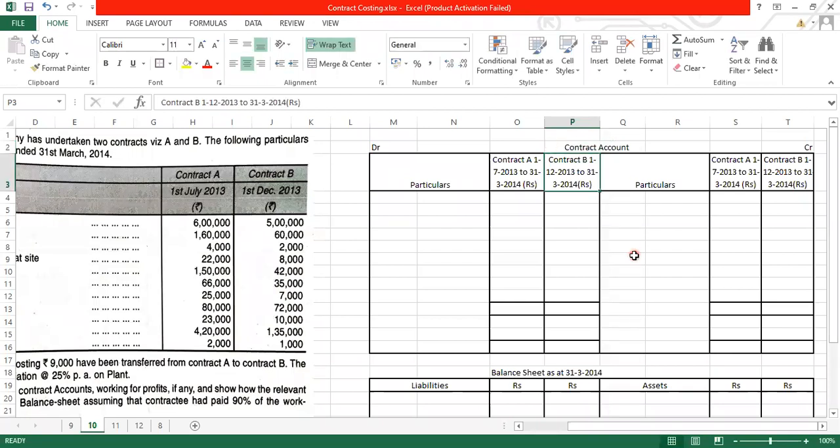Particulars. Now the first contract is from 1st July to 31st of March 2014. So just write down from 1st July to 31st March, and contract B is from 1st December to 31st of March.